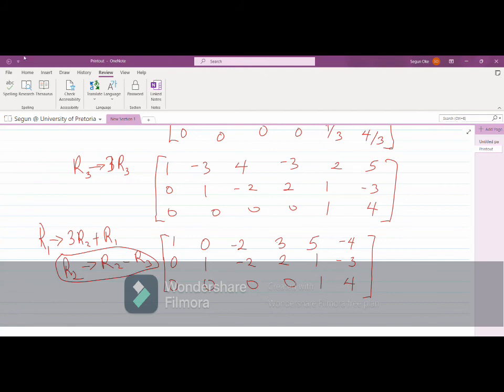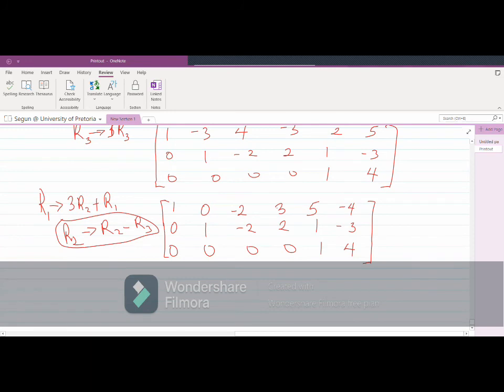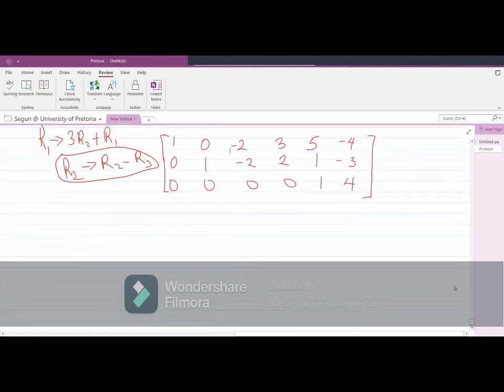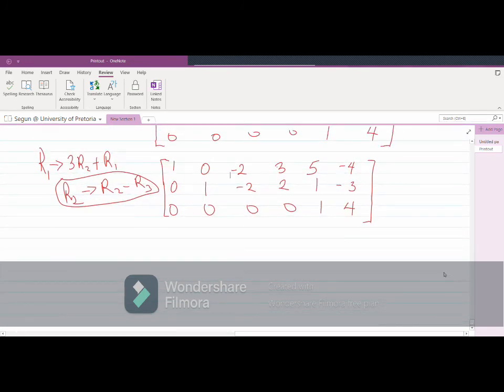Yes, sir. If it is R1 minus R2, what will happen? The minus 2 in column 3 will be eliminated, sir. But always remember, if you read the definition, our leading entry is 1, and the remaining elements are 0 here. Are you getting it? Yes.